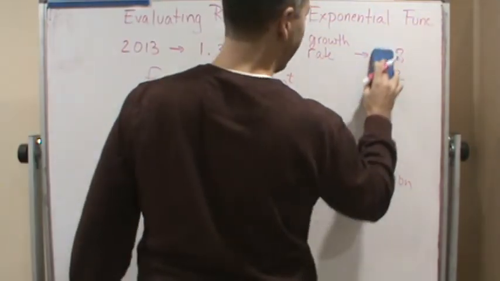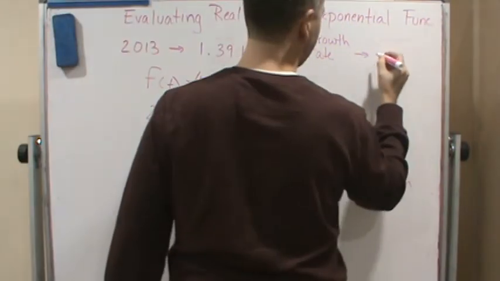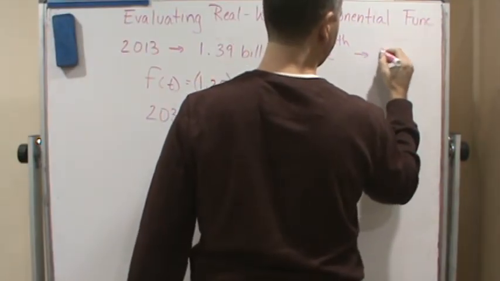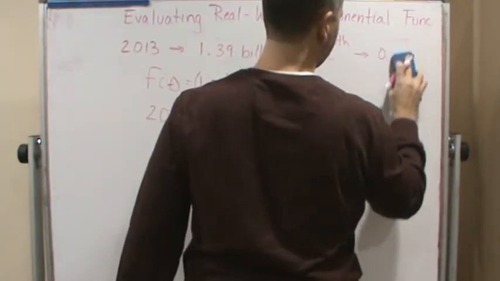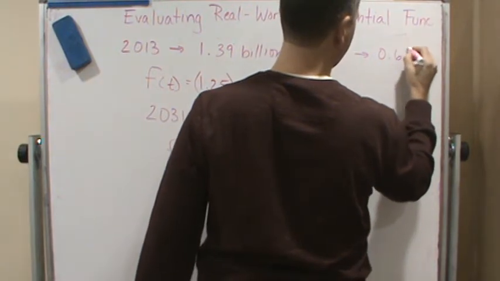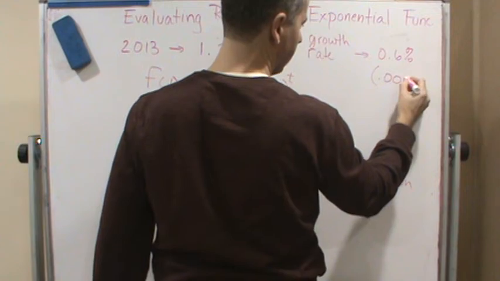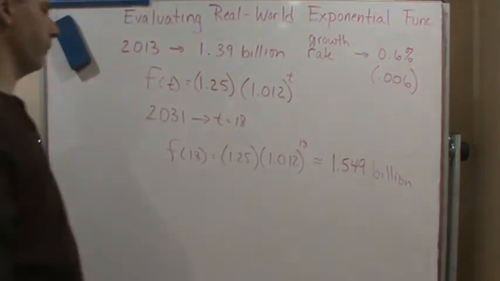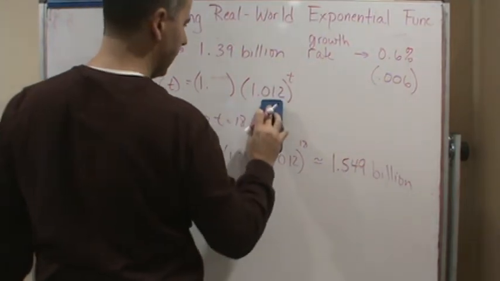So their growth rate is 0.6%. That's going to give us a decimal of 0.006.